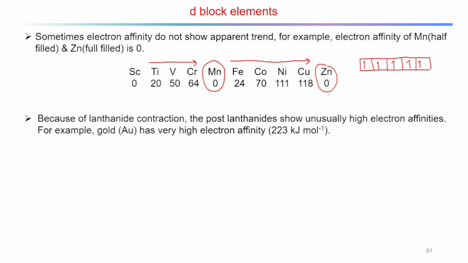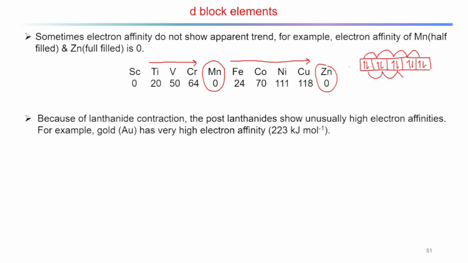Similarly, in the case of zinc, it is actually 3d10. So there are 5 more electrons here, 6, 7, 8, 9, and 10. Here also you see we have these 5 electrons of the same spin, and we have these 5 electrons of the same spin having down spin.